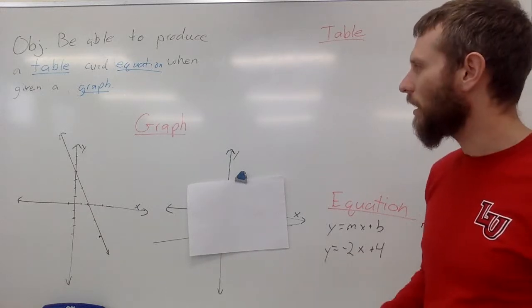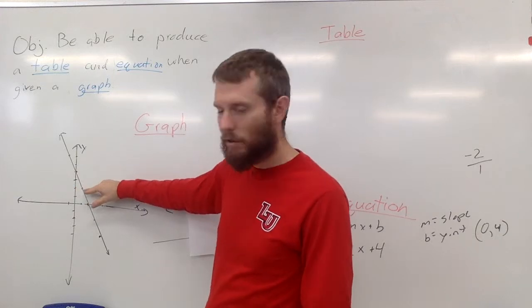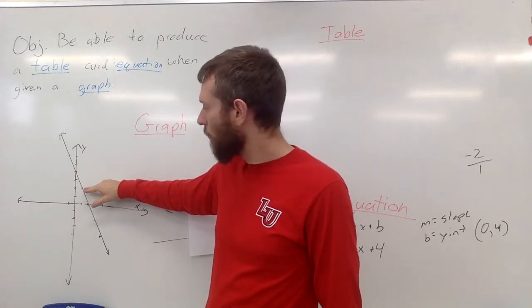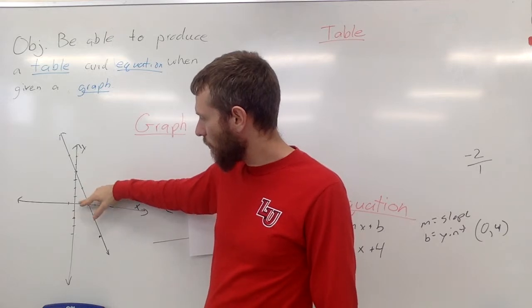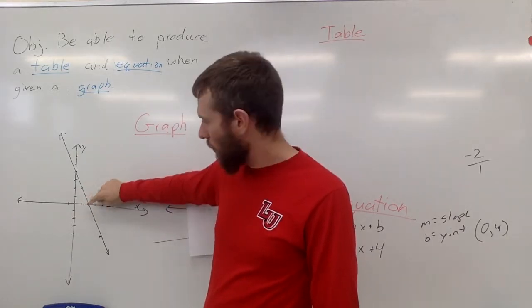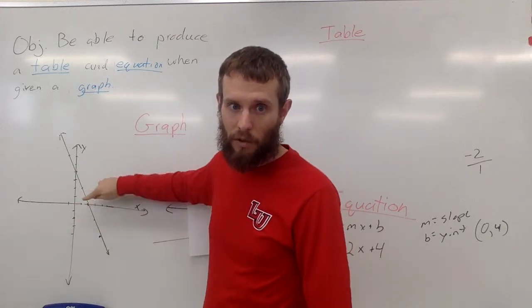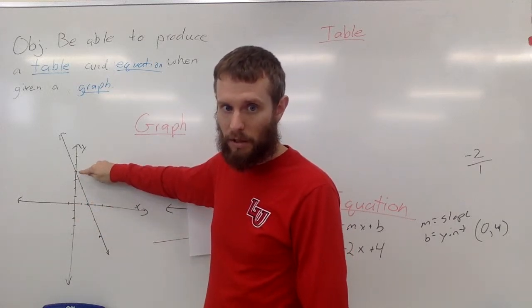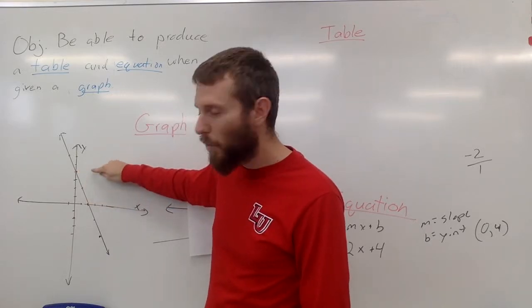Now let me double check that. I went from here to here: down 2, right 1. That's negative 2 over 1. If I go from here to here again, it'll be down 2, right 1. What if I moved from this point all the way up to this point? I'm going to go up 1, 2, 3, 4.